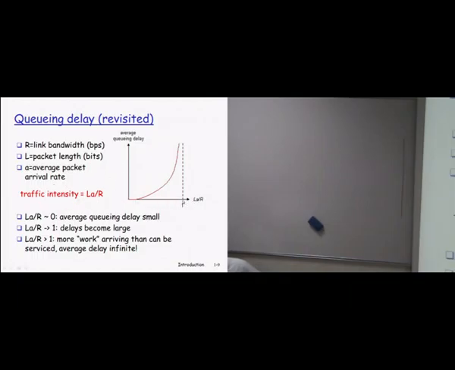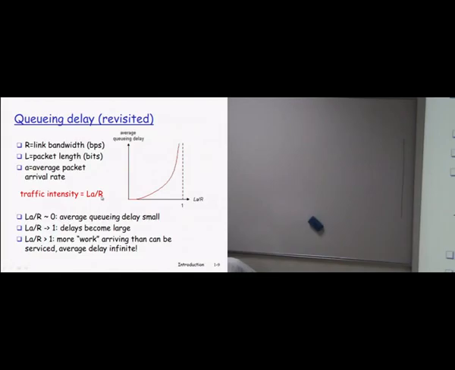So traffic intensity is the length of the packet multiplied by its average arrival rate divided by the link bandwidth. It depends not only on the length, but also on the average arrival rate, the rate at which packets are arriving at the router.